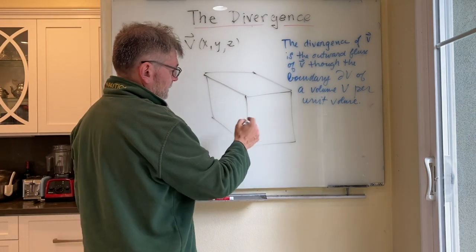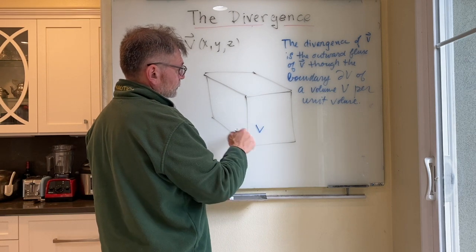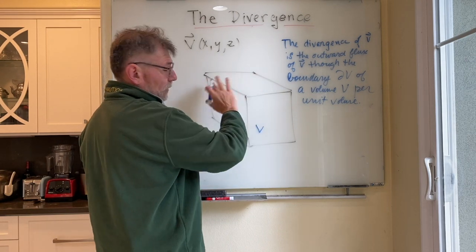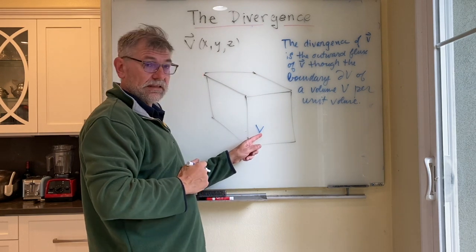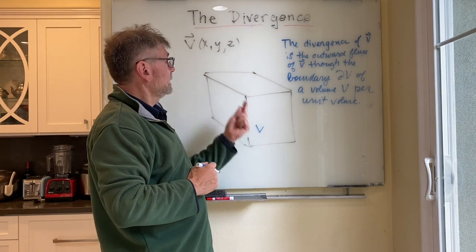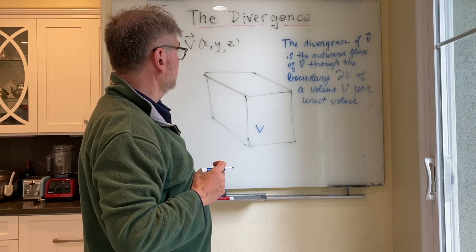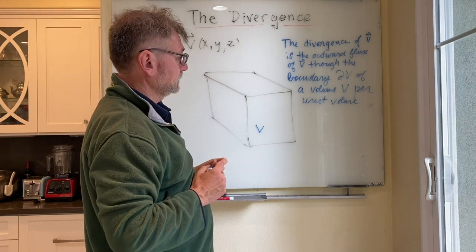So if this box has volume V, what we would do is calculate the outward flux from all the 6 sides and then divide by V, and then take the limit where we shrink V to 0, and that will define the divergence of the vector V.